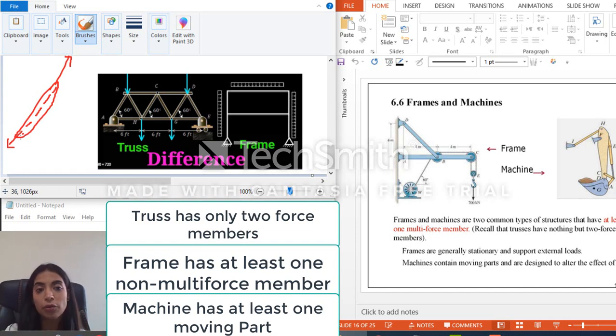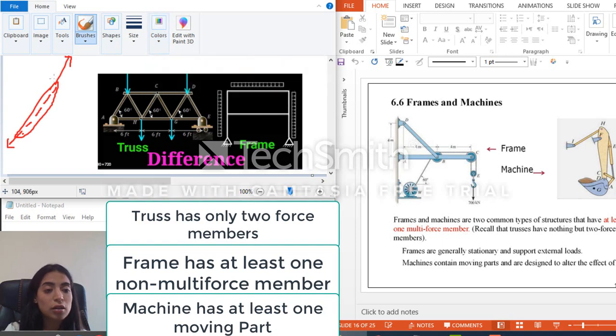Now in the frame, guys, at least one member doesn't have the properties of a two-force member. It is a multi-force member, which means, guys, the forces are not axial.